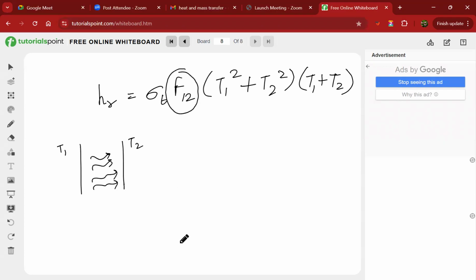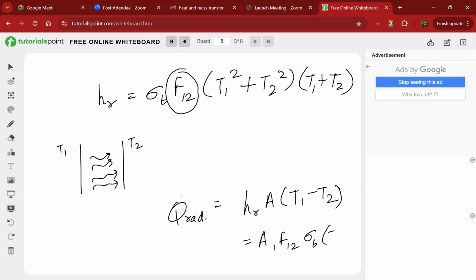Okay. So how do we arrive at this particular formula? Q dot radiation is equal to h_r A (T1 minus T2), equal to A1 F12 sigma_B (T1 to the power 4 minus T2 to the power 4).